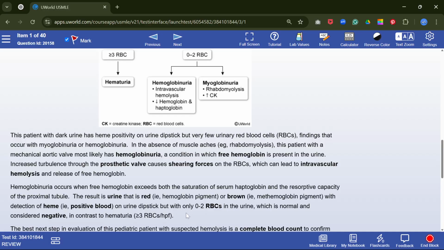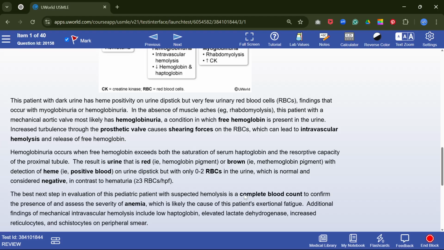There is detection of heme positive blood on urine dipstick but with only 0 to 2 RBC in the urine, which is considered negative, in contrast to hematuria with 3 or more RBC per high power field.